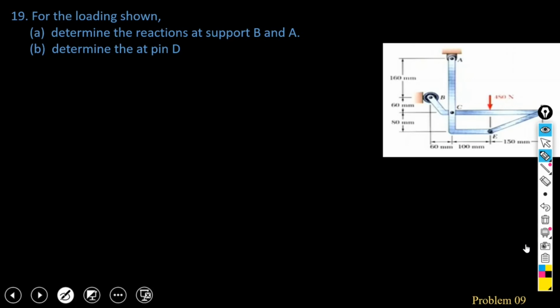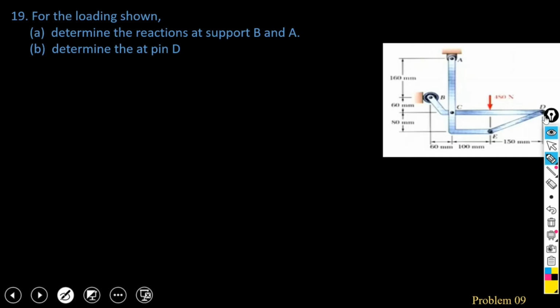To find the reaction at support B, let's take the moment about point A. Let this be RBX, then RBX into the perpendicular length 160 is equal to 480 into 100.